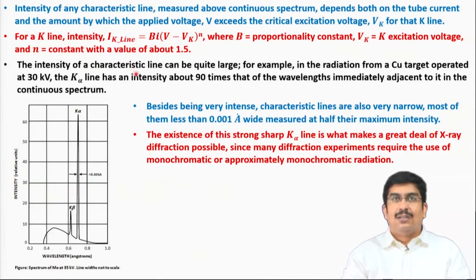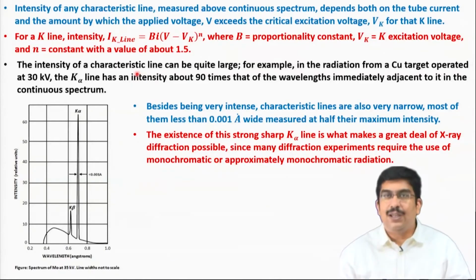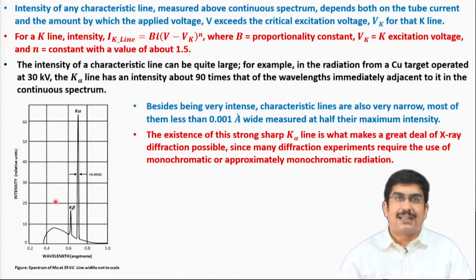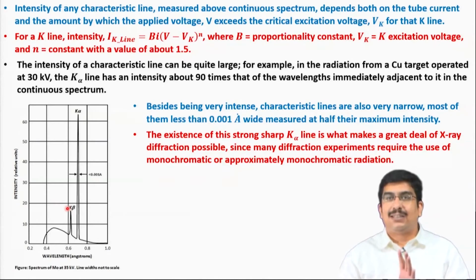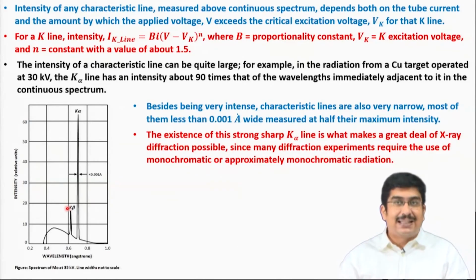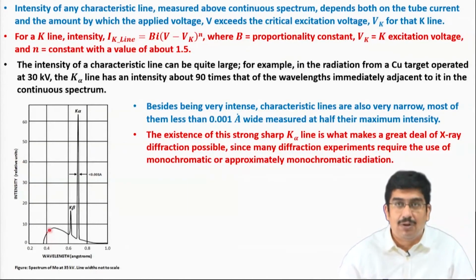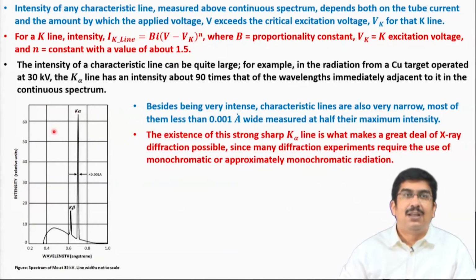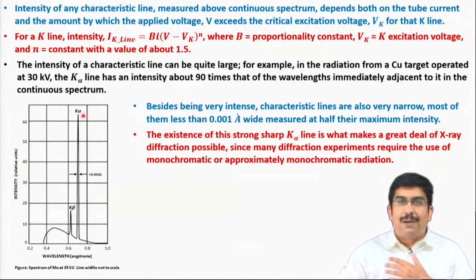Now, as we were discussing, we have applied 35 kilo electron volt, which is around 15 kilo electron volt higher than the critical excitation voltage of molybdenum. Then what we can see is the intensity of the characteristic spectrum: the continuous spectrum is below 10, around 7 or 8, whereas the characteristic spectrum is almost above 60.